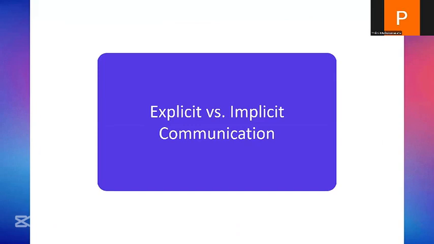So we discussed the most prominent concept, Hofstede's six cultural dimensions, and after that we have to learn about explicit versus implicit communication. What do we mean by explicit and what do we mean by implicit communication?